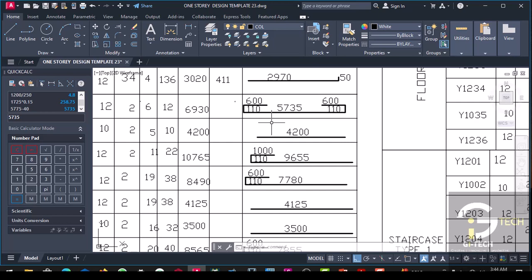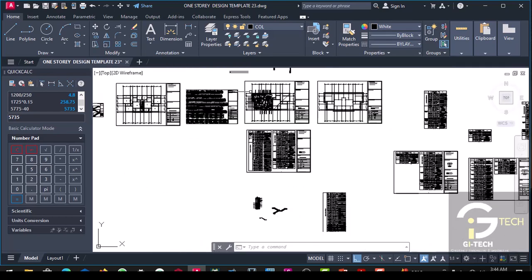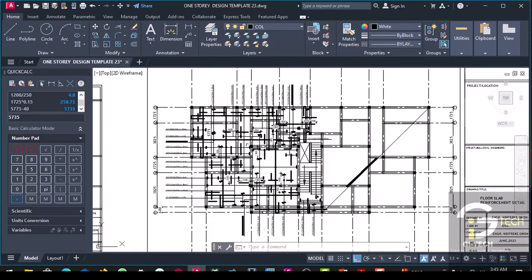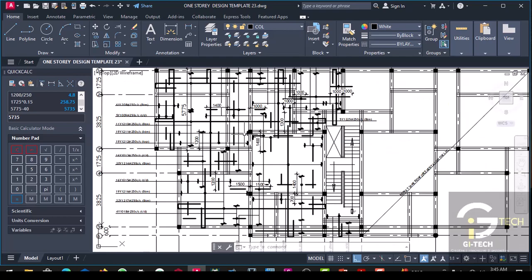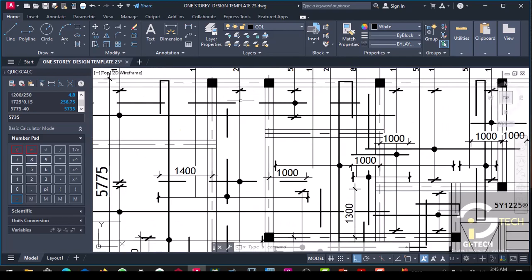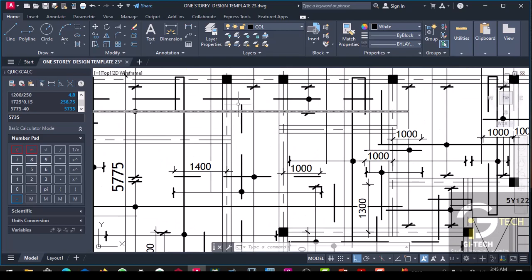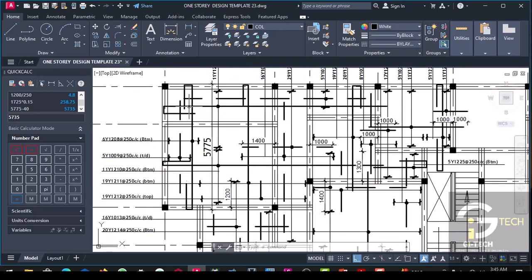Then for the top, which is the interior support, the length from the center of the beam should not be less than 0.3 L. So we have already calculated this. And because this bar is going to run from here to here, when you calculate this, we end up having 258.